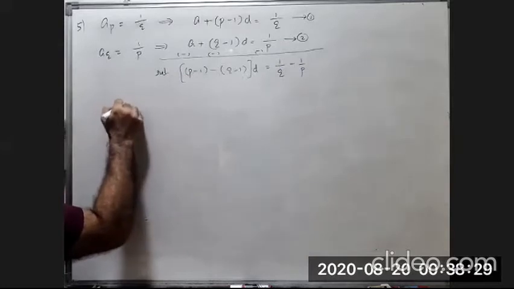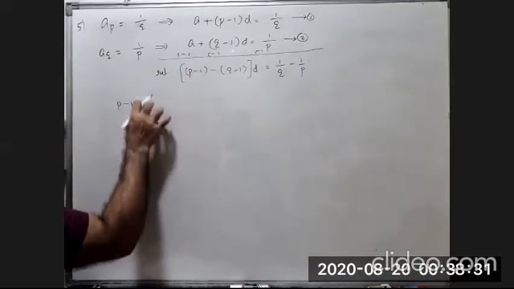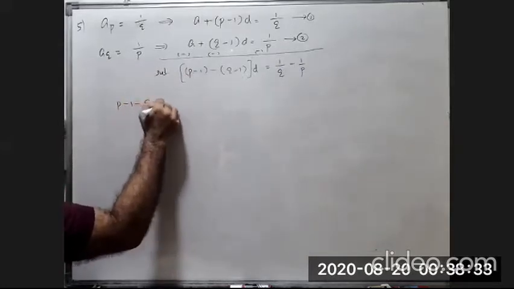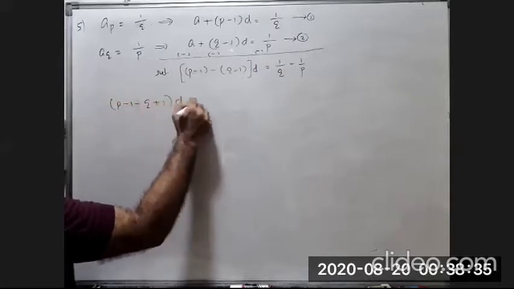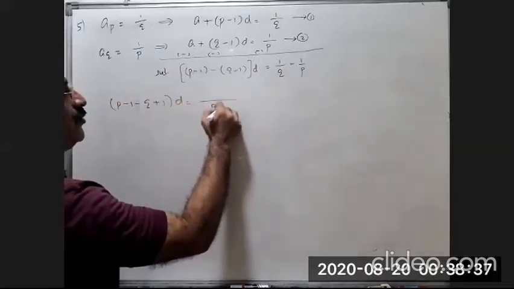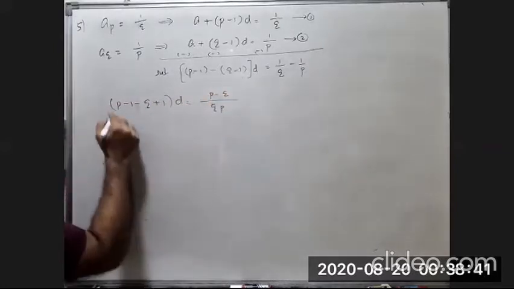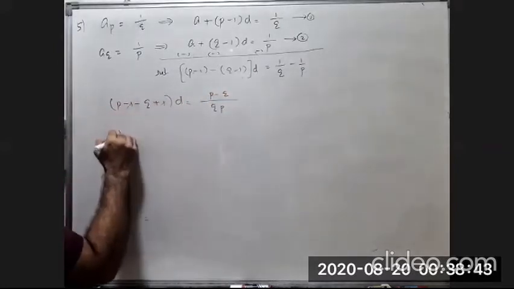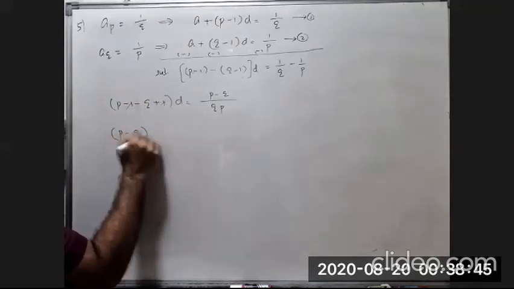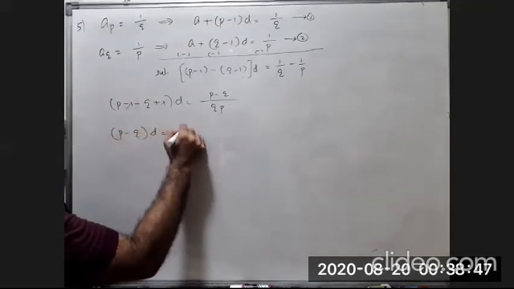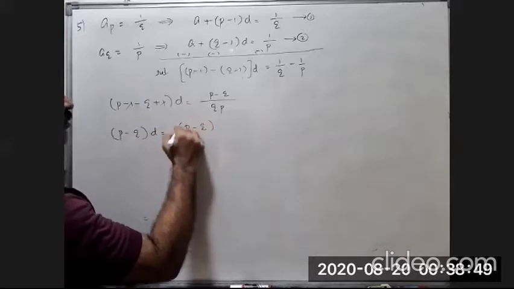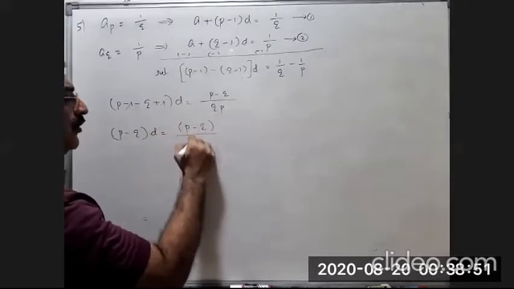Opening, p minus 1 minus q plus 1 into d. Taking LCM qp, the minus 1 and plus 1 go, so (p minus q) into d is (p minus q) by qp, same as pq.